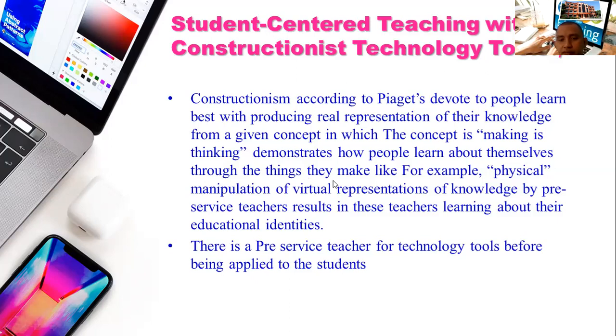And then, the learning process is drawing and making, like physical manipulation of virtual representation. It means the learning material which we give is not only based on the book and writing on the whiteboard, but we also take advantage of the technology.